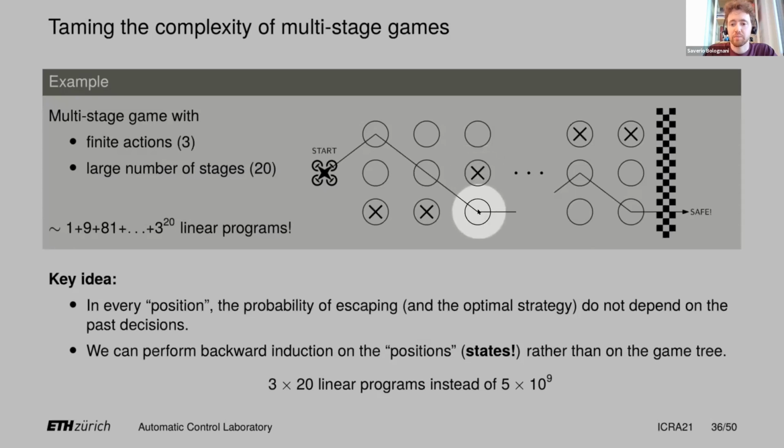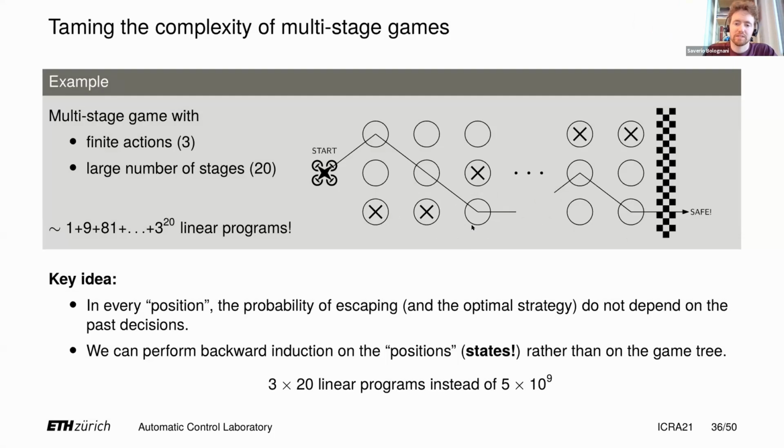Now we start playing from here. Does it really matter what happened before? No, player 1 is alive and player 2 is still trying to catch it. And so the optimal strategy and the value, the probability of escaping from now on, are simply given by a much simpler piece of information, your position: up or left, middle or right, okay?